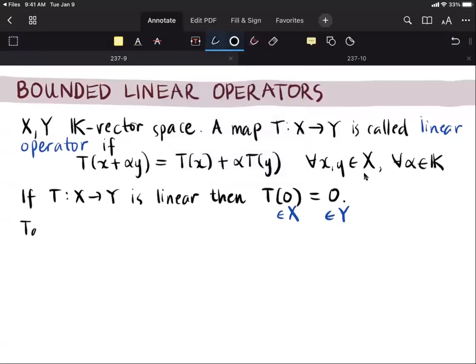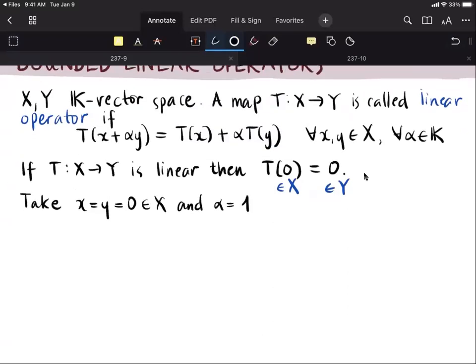Well, this follows immediately if you take x and y to be the zero vector in X and alpha to be 1. So linearity implies that. Let's start with the left-hand side. That would be T of 0 plus 1 times 0. Of course, this is just the zero vector.